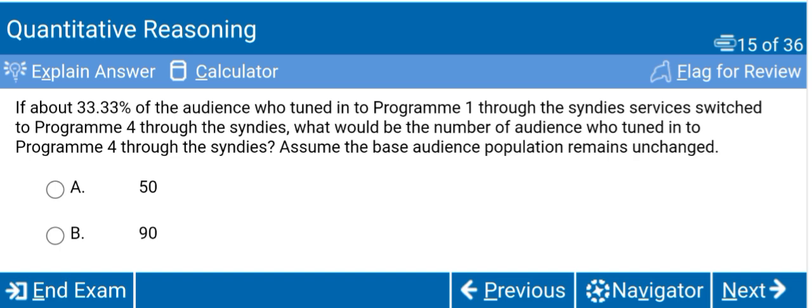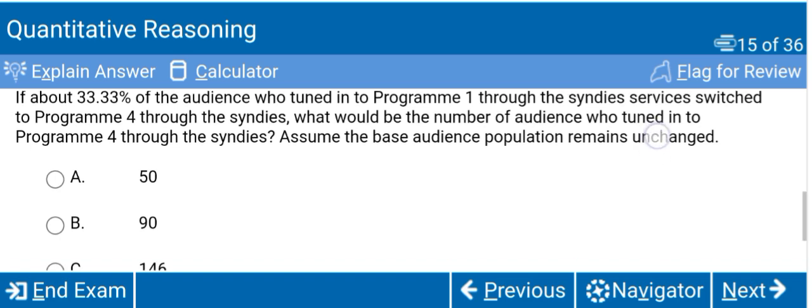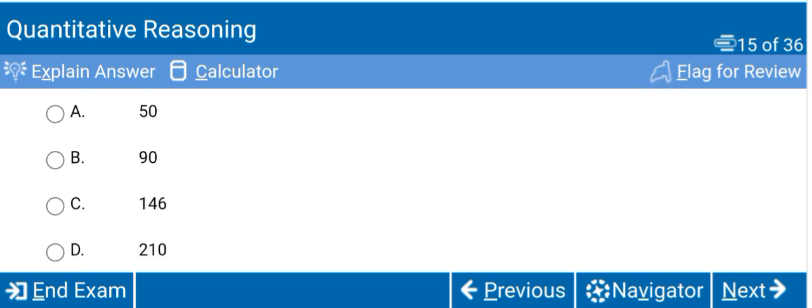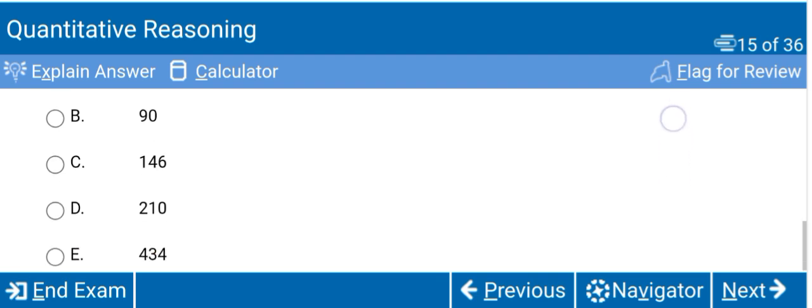Assume the base audience population remains unchanged. Option A 50, option B 90, option C 146, option D 210, and option E 434.